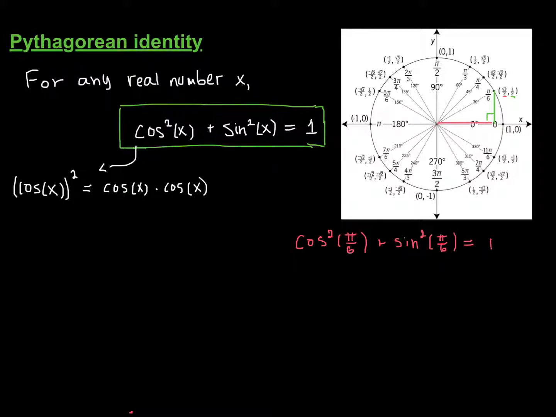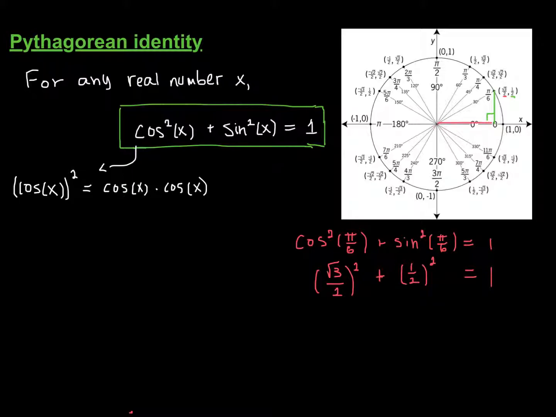And you can check that this works, right? So cosine of pi over 6 is square root of 3 over 2, and then you're squaring it, meaning you're multiplying that by itself. So you have the square root of 3 over 2 squared plus the sine of pi over 6 squared, and the sine of pi over 6 is 1/2, and then you'll square that, and that should equal 1.